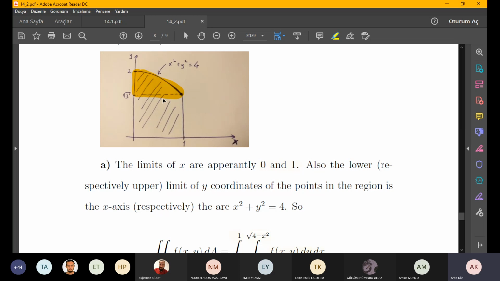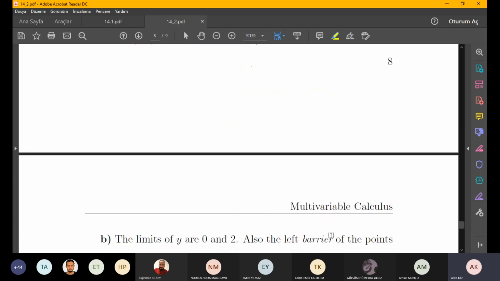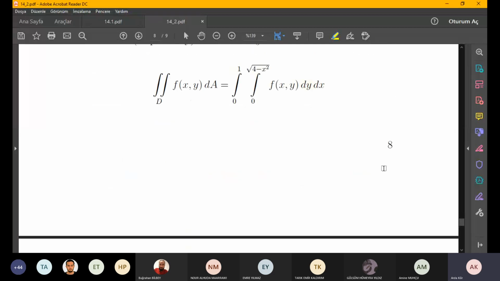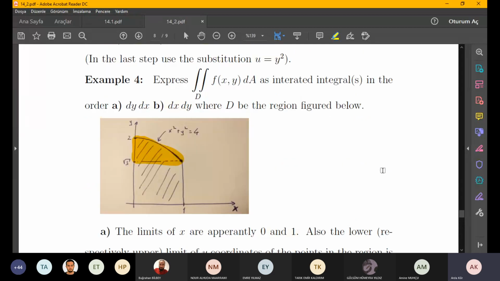So for this one, if we use the order of integration dx dy, then first we can directly define the y boundaries. Then after that we need to define the limit of integration with respect to x. So let's see the first y boundaries.